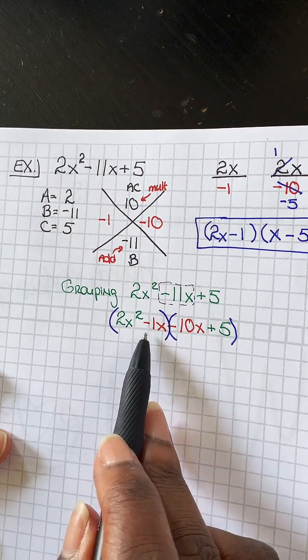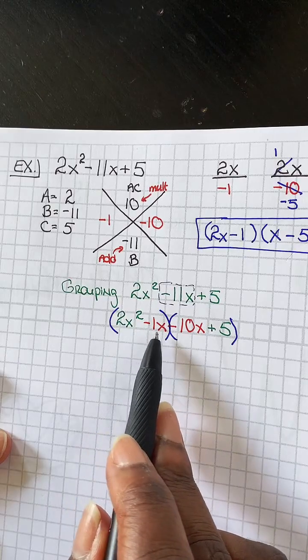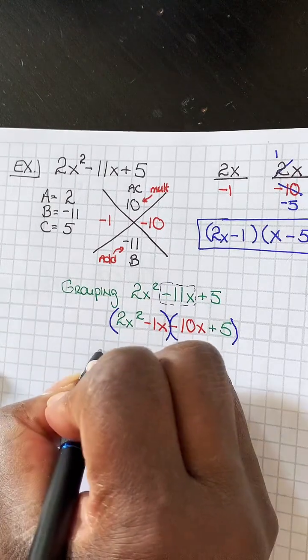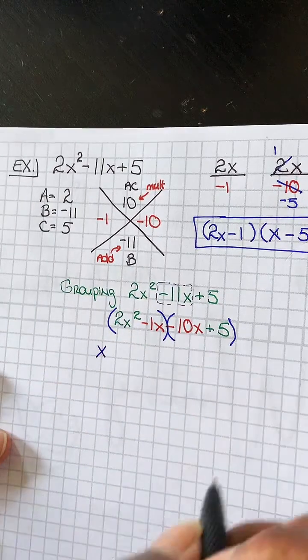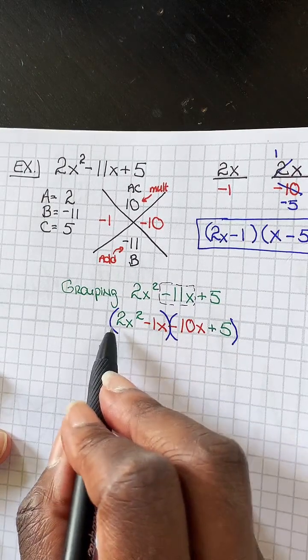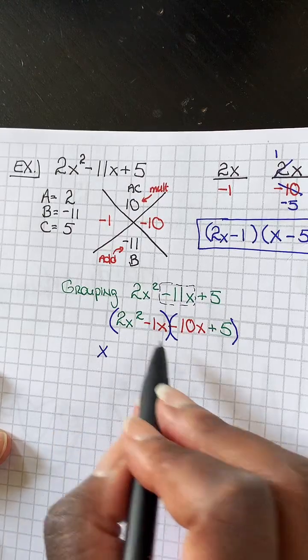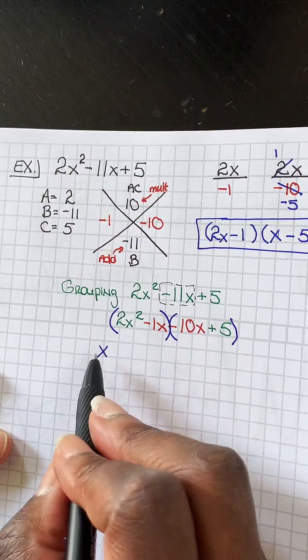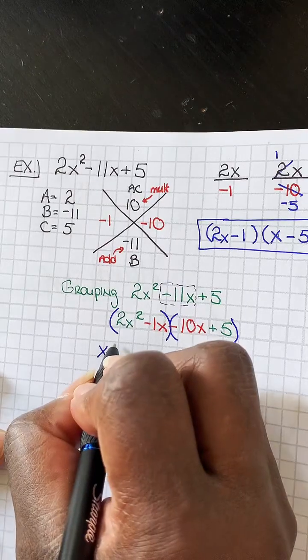For this parenthesis, what they have in common is just x, because 2 and 1 have 1 in common, and x squared and x have x in common.